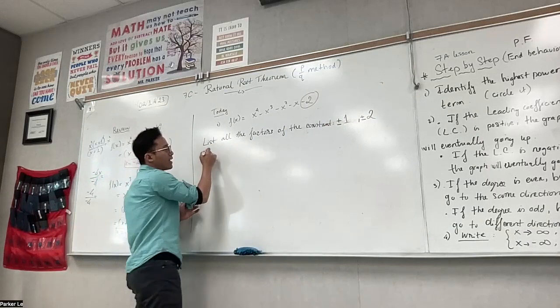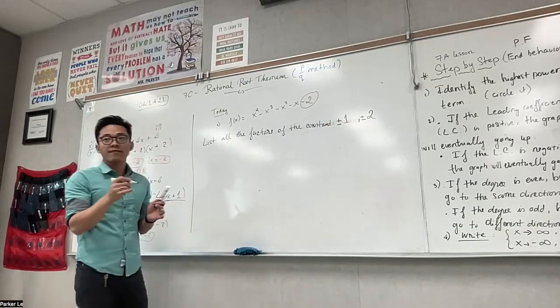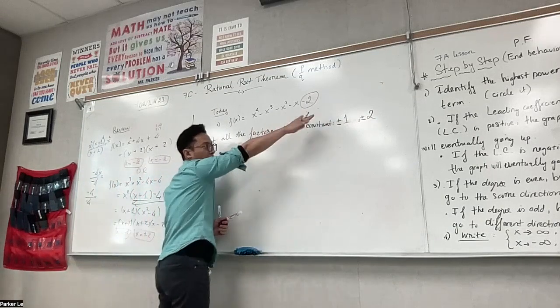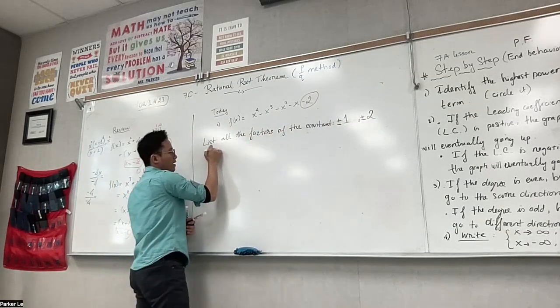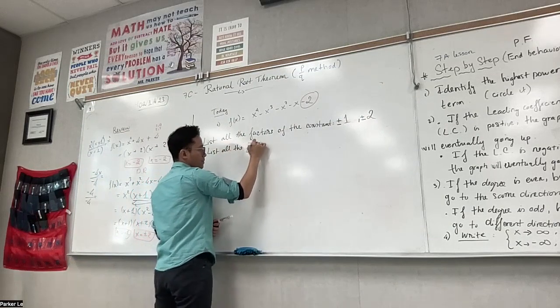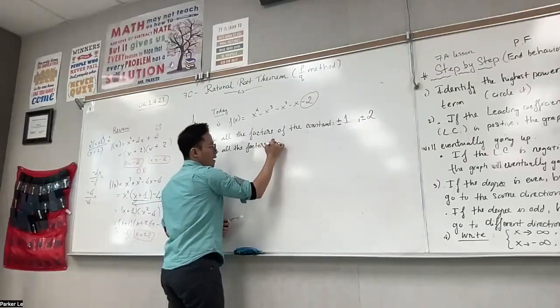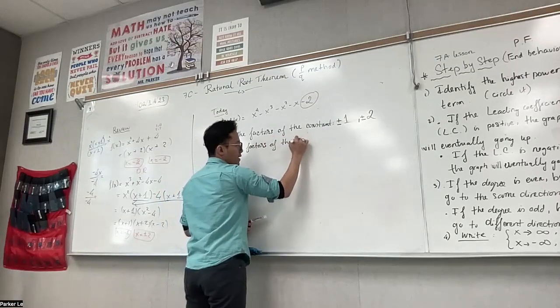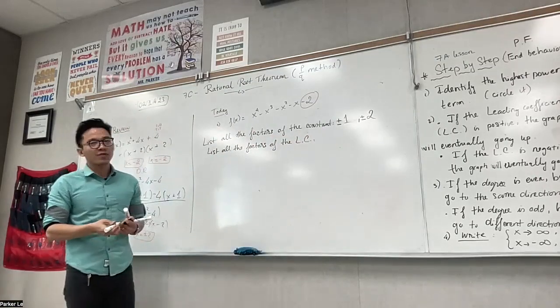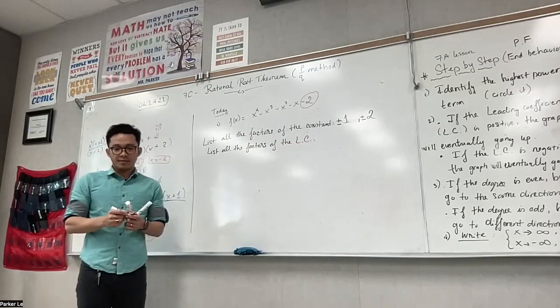Okay, nothing fancy. Next, you're going to list all the factors of the leading coefficient, like the back and the front. So list all the factors of the LC, the leading coefficient. What is the leading coefficient over here? 1.